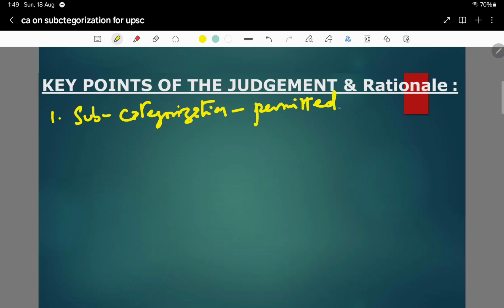The Supreme Court permitted the subclassification, clearly stating that the states can now constitutionally subclassify SCs and STs to address differences in backwardness within the existing reservation quotas.